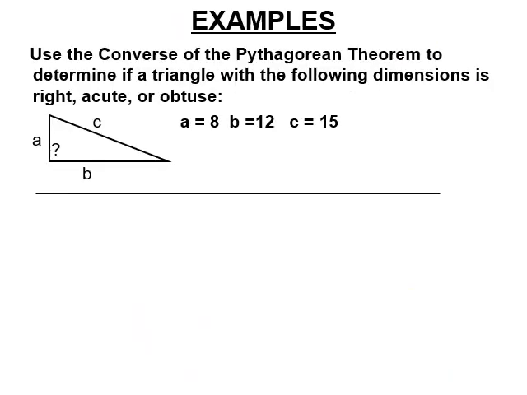Same thing here. So A is 8, B is 12, C is 15. 15 is the potential hypotenuse.